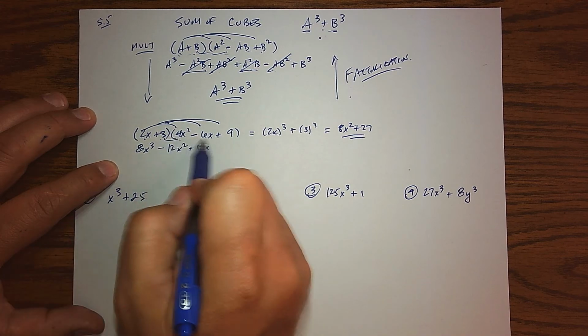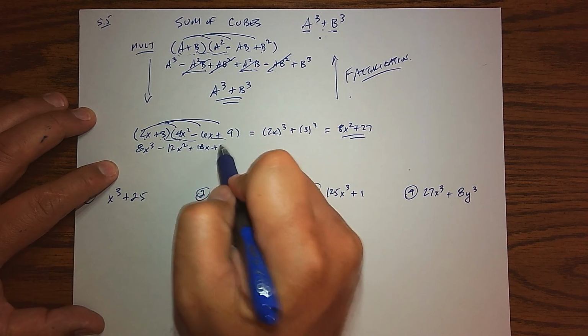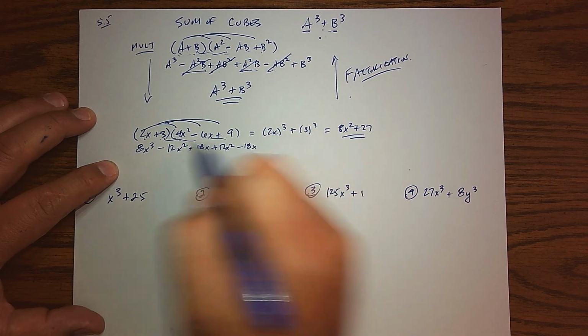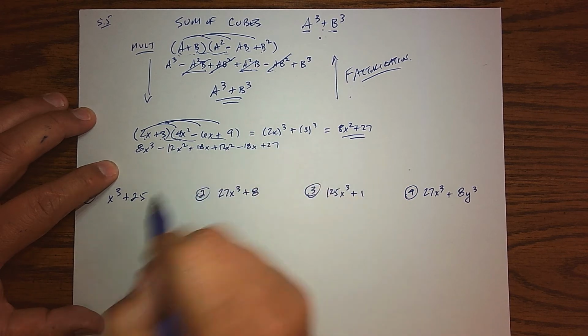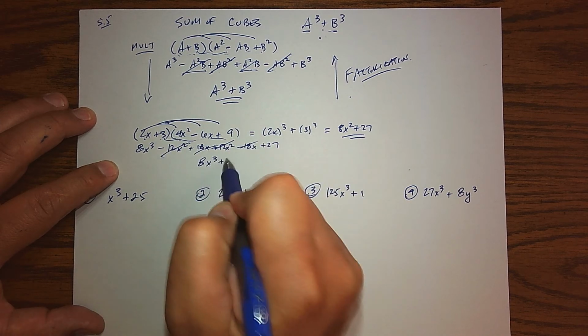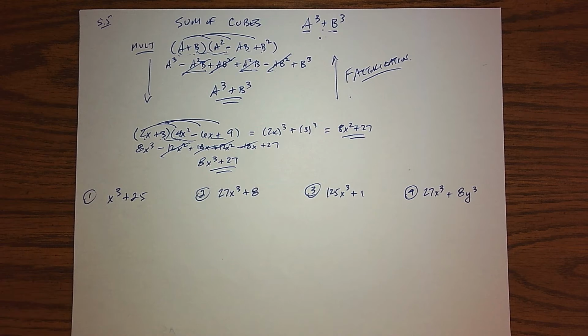Now distributing the 3, I get a positive 12x squared, a minus 18x, and then a plus 27. The middle terms cancel out, and we're left with exactly what I thought would happen. So it's a shortcut basically. So there you go, we now have another formula.